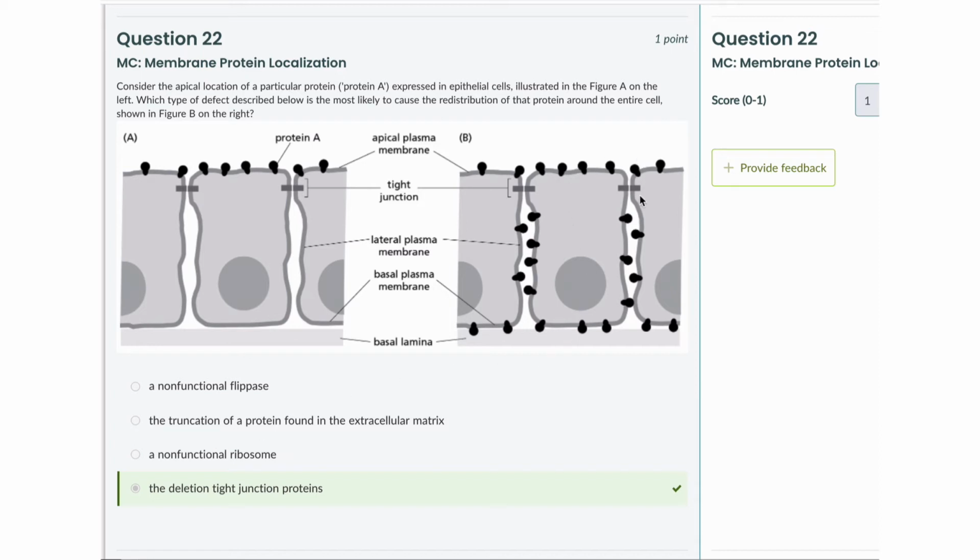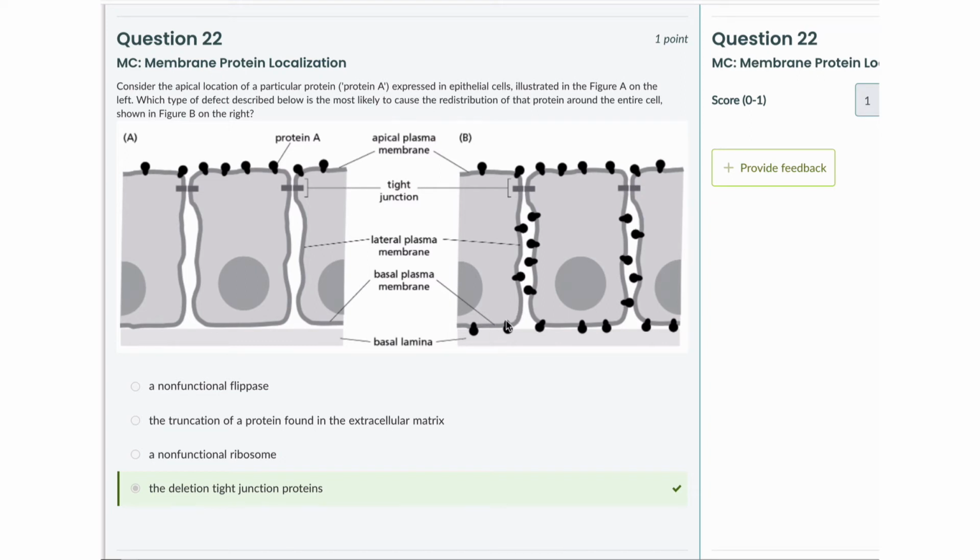Here we have protein A all around the apical, the lateral, and the basal membranes, shown in figure B on the right. Well, what's keeping protein A on the apical surface only is this diffusion barrier, which is the tight junctions. So how could we arrive at situation B? Well, if we had deletion of the tight junction, then these proteins could drift in the membrane to the lateral and basal surface.